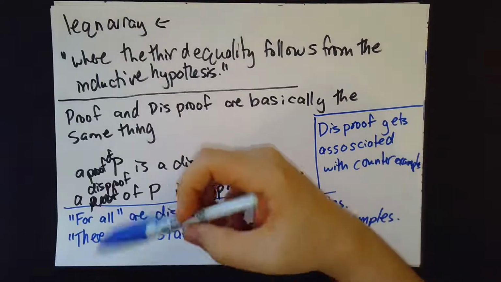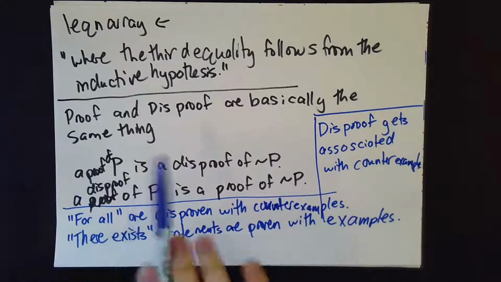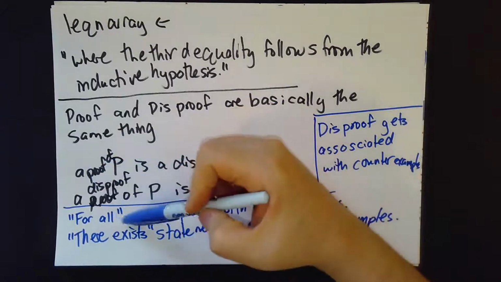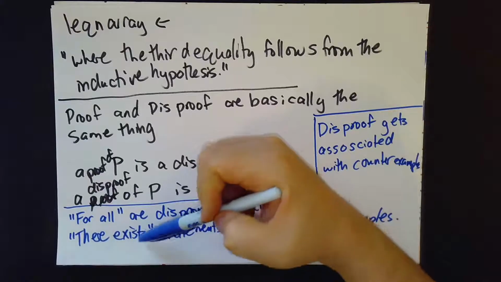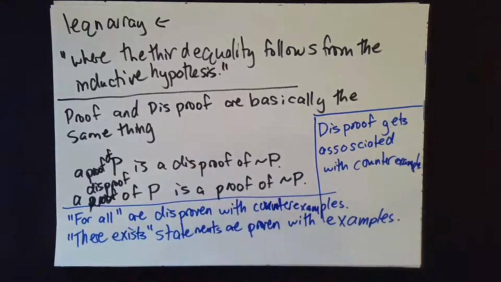But the real thing that's going on is that proving P is the same as disproving not P, and the negation of a for all statement is a there exists statement, and the negation of a there exists statement is a for all statement. So that's how all of this gets bundled together.